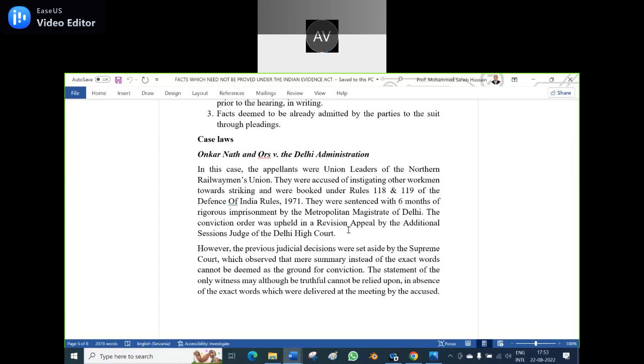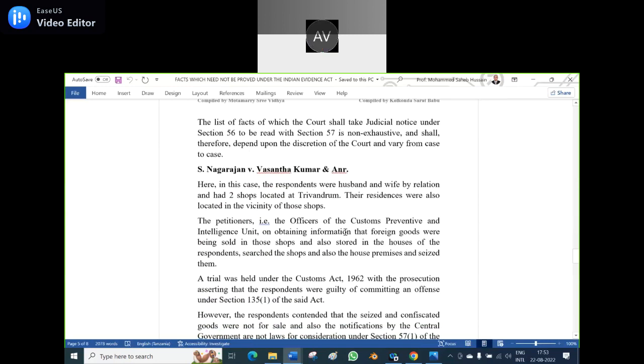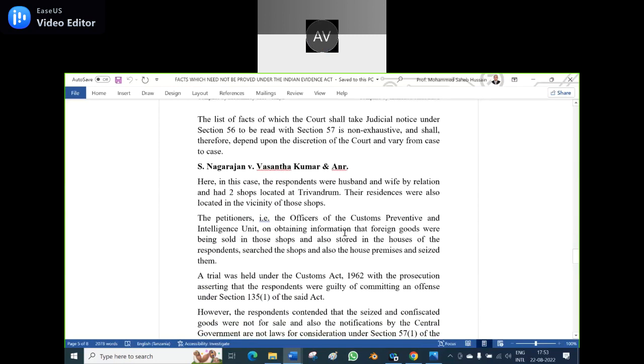They need not come and give evidence, and the court will take judicial notice of it. Okay, another case law is S. Nagarajan versus Vasant Kumar and another. In this case, the respondents were husband and wife and had two shops located in Trivandrum.